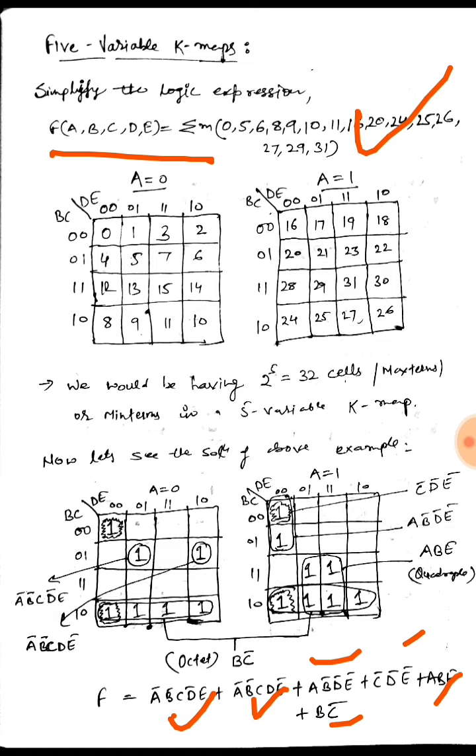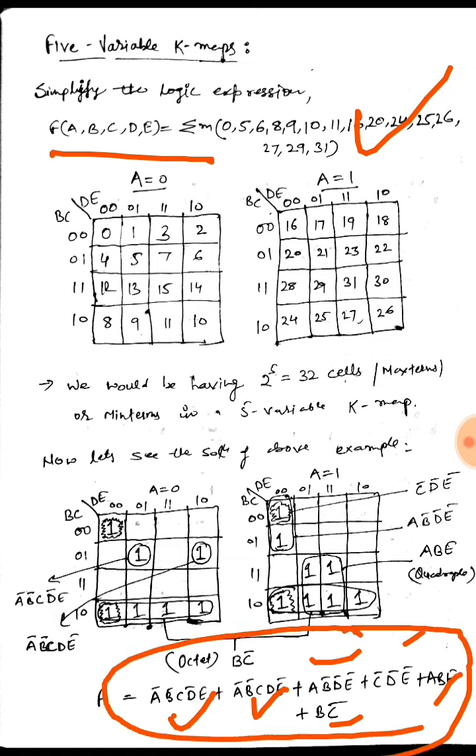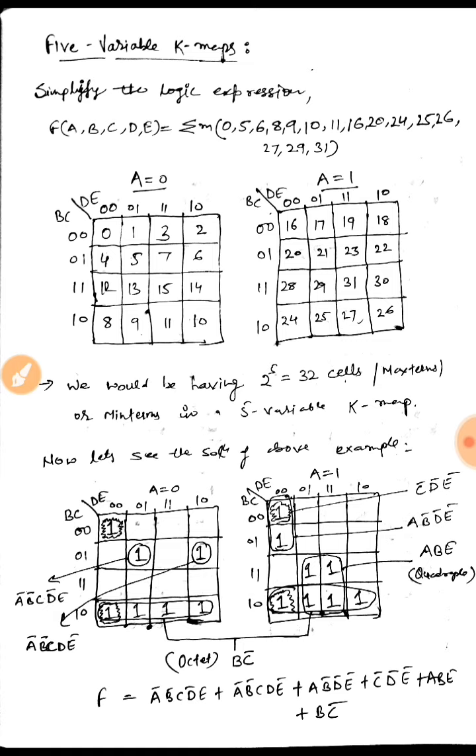So I have simplified the expression, and now I have only 6 terms, which can be implemented using a smaller number of gates. So this is how we can simplify a logical function using a 5 variable K-map.